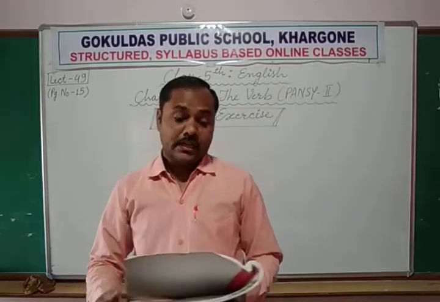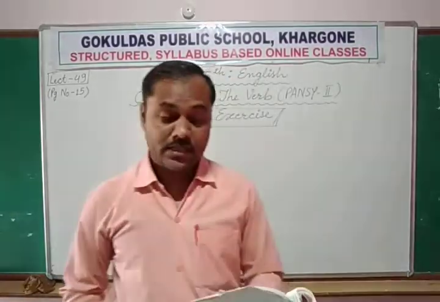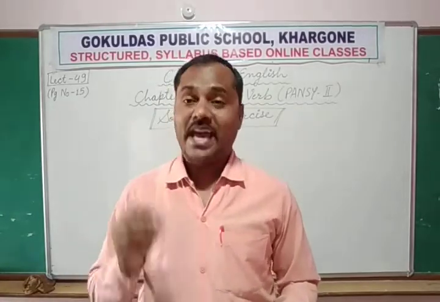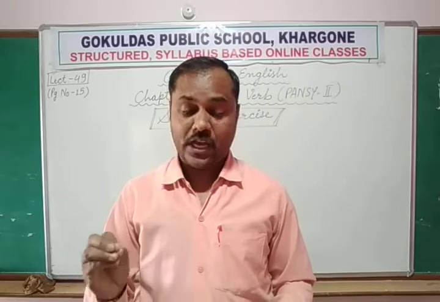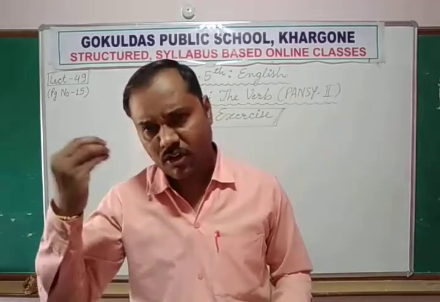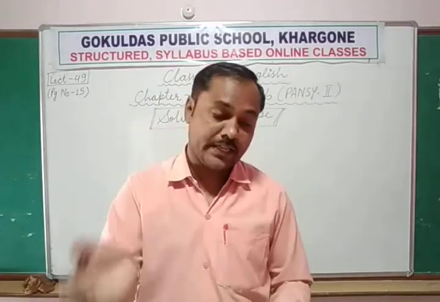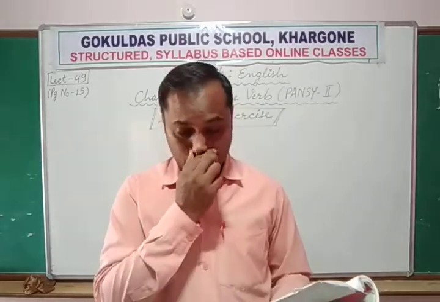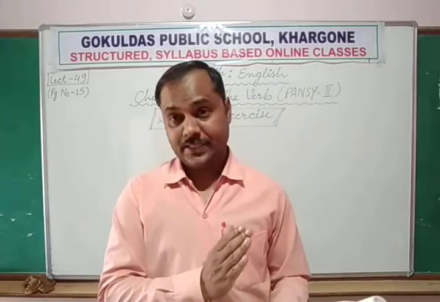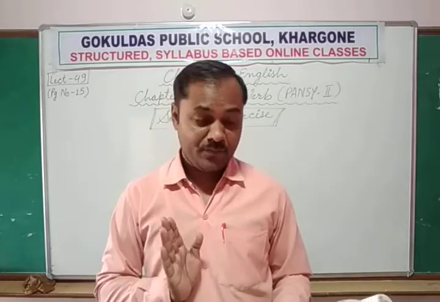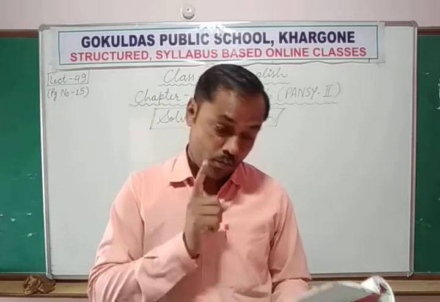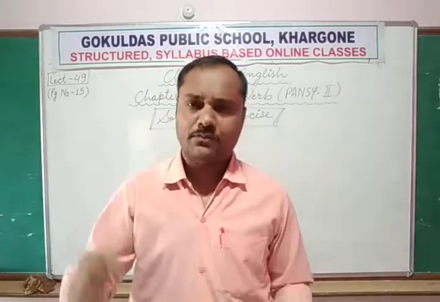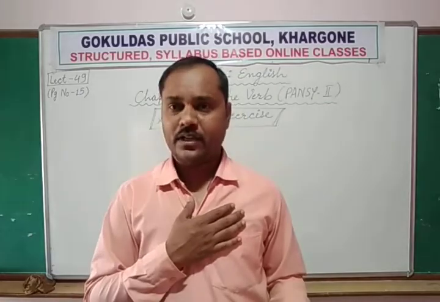Exercise A. Complete the following sentences by using appropriate objects. Appropriate means any object which is suitable, which can complete this sentence. We have to put any object here which can complete this sentence. So the sentence is incomplete. Subject is there, verb is there, but after the verb we need to add an object by our own mind.